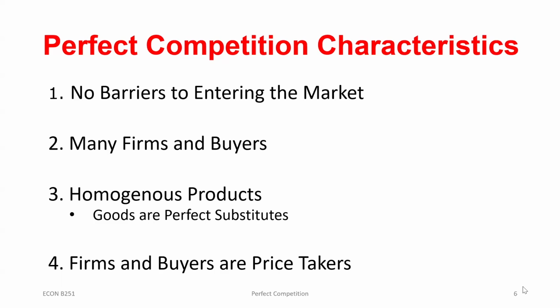The other key attribute is that we have a homogeneous product. Or technically, to be perfectly competitive, it needs to be perfect substitutes. The example I used to use was bottles of water, but we'll talk in a later module about how maybe that's changing. I think the best example of a perfectly competitive market is gasoline. If you go to the gas station, you're buying 87 unleaded gasoline.